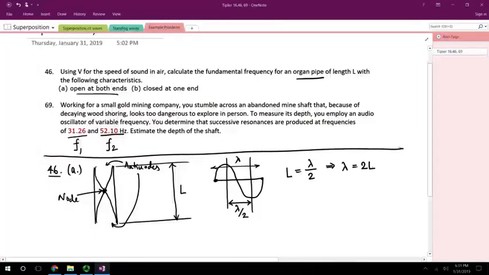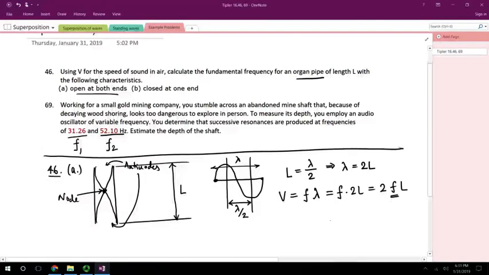Now we also know the relationship between speed of sound, frequency, and wavelength: v, the speed of sound, is equal to frequency multiplied by wavelength lambda. We also know lambda in terms of the length, which is 2L. So let's plug that in. We have f times 2L, which is equal to 2fL.